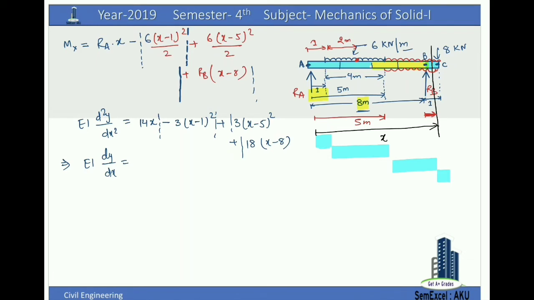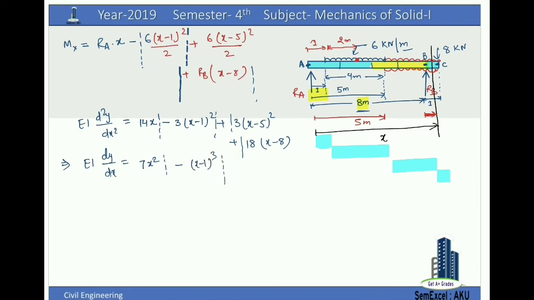we have to integrate 14x, it will be equal to 14 into x square by 2, means 7x square, minus 3 into x minus 1 whole square, it will be equal to 3 into x minus 1 whole cube by 3. So 3 will get cancelled out, it will be equal to x minus 1 whole cube.